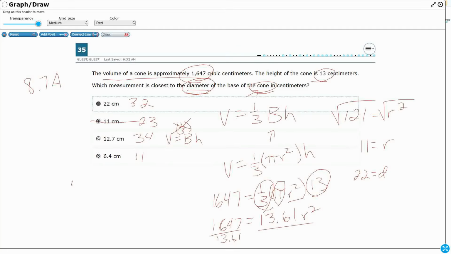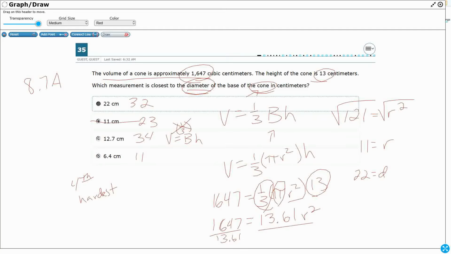This was challenging. Anytime you're dealing with volume and they give you the volume and they want you to find one of the other dimensions, whether it be height or something, that makes it a little bit more challenging than just giving you all the measurements and you just multiply them. In this case, they wanted you to find the diameter. So you had to get all the way down to 1647 equals 13.61 r squared.